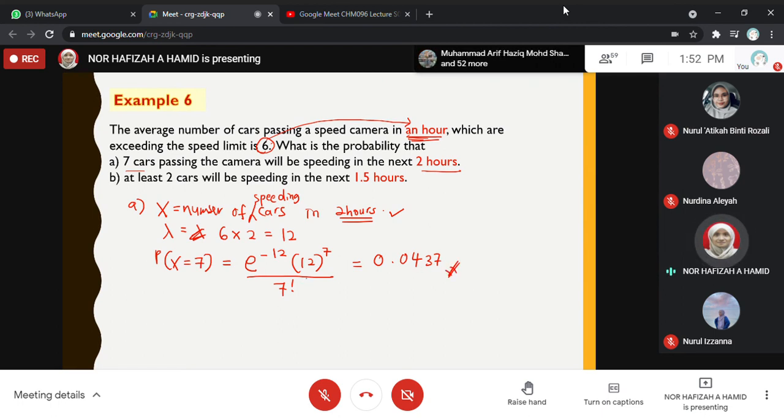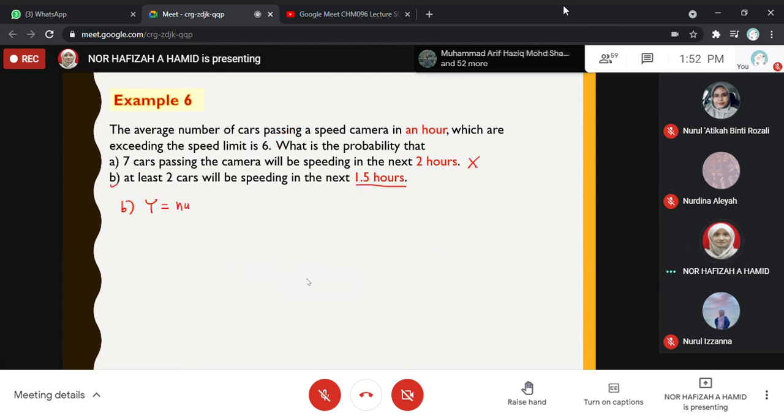Okay, so kalau untuk yang B, dia nak in the next 1.5 pula. So kalau yang B, contoh saya assume Y. So Y is equal to number of speeding car in 1.5 hours. Okay, so you kena state the new lambda lagi sekali. Okay, so kalau lambda tadi dia bagi in terms of 6 ni dalam 1 hour.